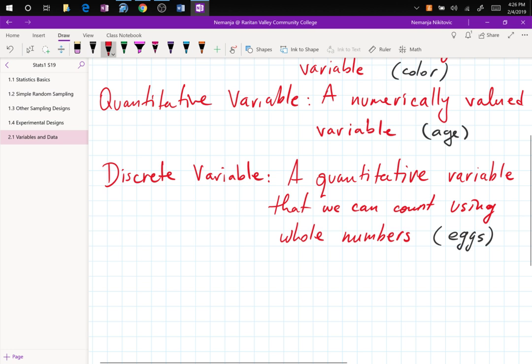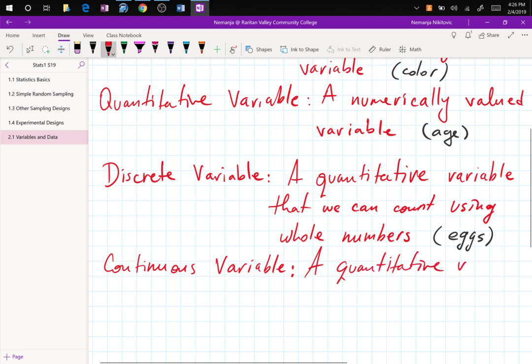And then we have continuous variable. A quantitative variable whose possible values form some interval of numbers. So they give you the interval.